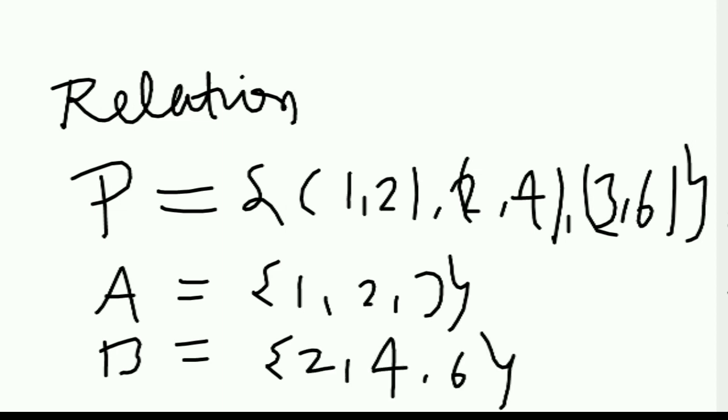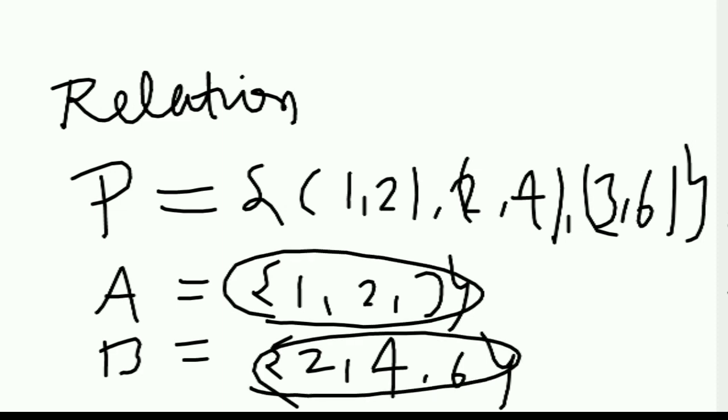So there is a relation between elements of set A and elements of set B. It is such that they are the double of the first element. Means if you have 1 here, then in the second you have 2, that is the double of 1. 4 is a double of 2 and 6 is a double of 3. So there is a relation between these two elements.